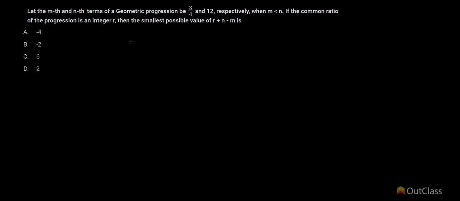We have the mth term of the GP, which is A_m, is A into R raised to M minus 1, and that is 3 by 4. We have the nth term, which is A into R raised to N minus 1, is equal to 12.